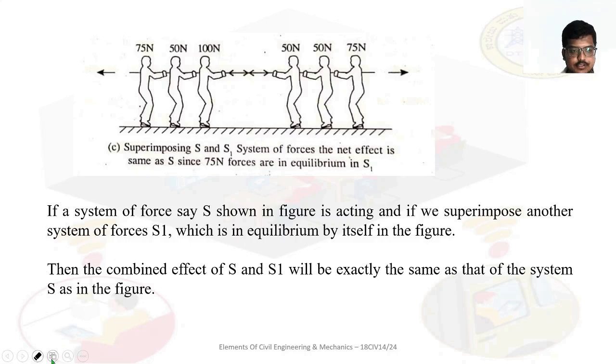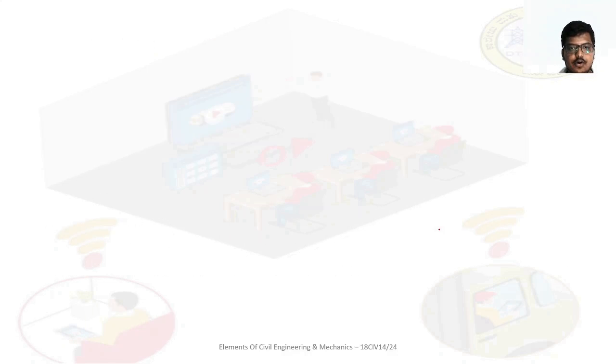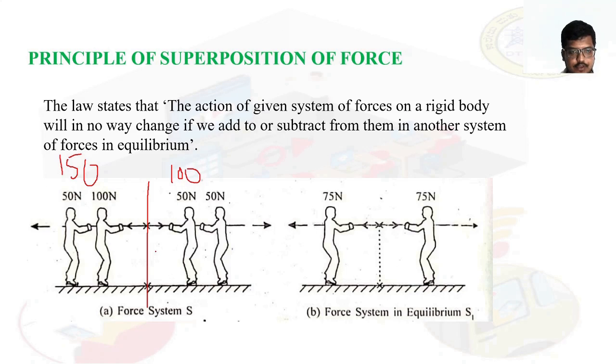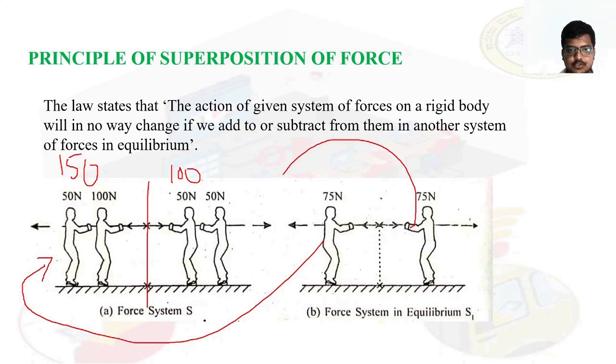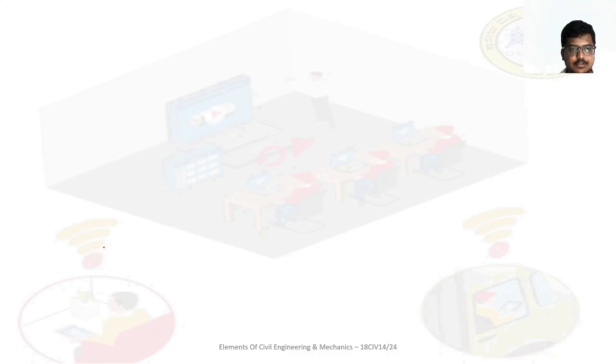If a system of forces, say S shown in the figure, is acting, and if we superimpose another system of forces S1, on this system S we are making this person come here and this person come here, the same type of force joining the force system S. Now what will happen?